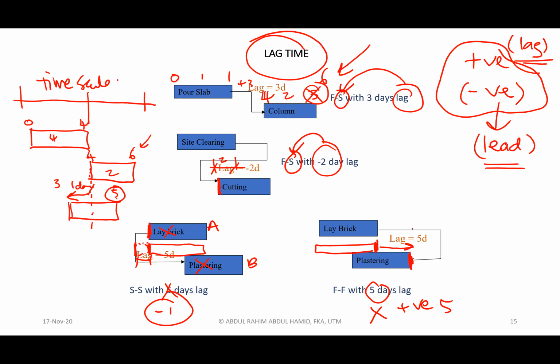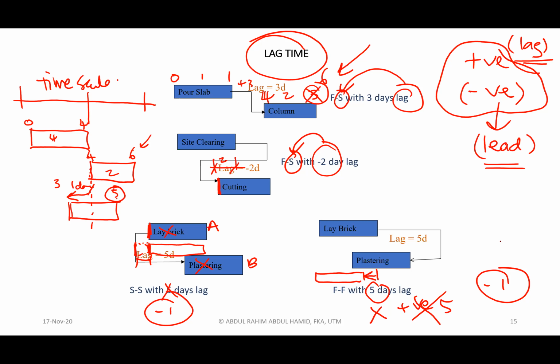That is the concept. If, for instance, we change this into negative, let's say -2, meaning to say the finish of this activity is much earlier. Let's draw this. Much earlier, meaning to say here by 1 day. See, this is the negative.